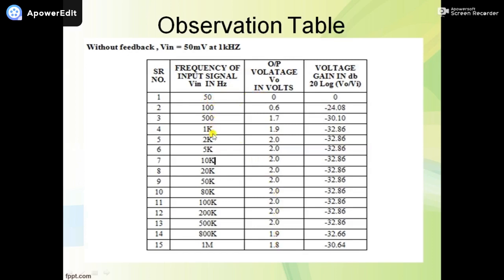As the frequency increases, the output voltage also increases. After 1 kilohertz, the output voltage is constant up to 500k hertz, and after 500k hertz, again the output voltage reduces. This is in the case of the without feedback system.